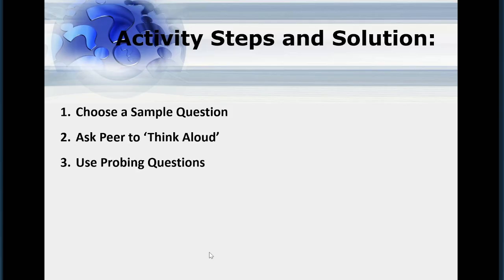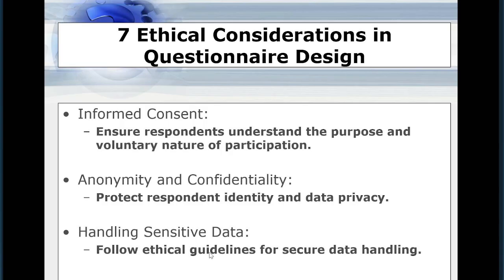Then use probing questions. What do you understand by organic in this context? Cognitive interviews reveal how respondents interpret questions, enabling refinements to reduce misunderstandings.